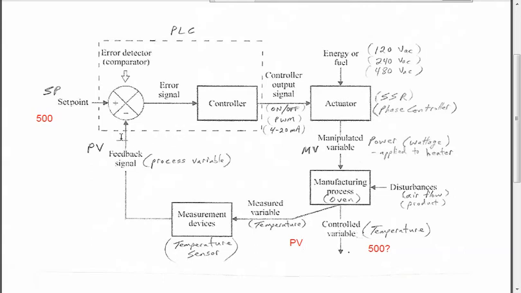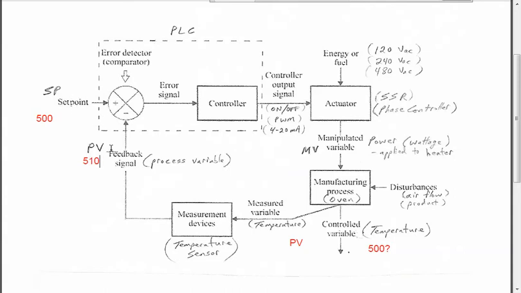So if your number coming back was under, that's what would happen. You'd get a positive error signal. The error signal is just the set point minus the process variable. As the oven would heat up, let's say the process variable goes up to 510 or something.